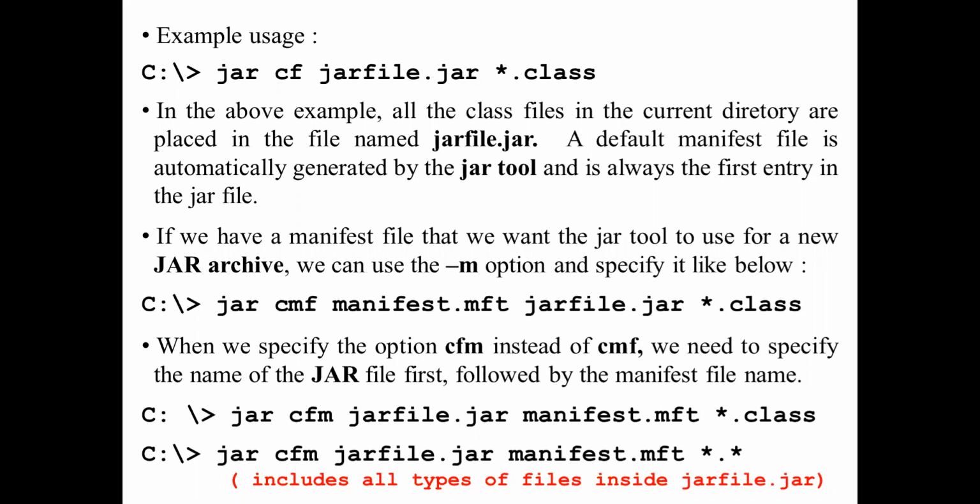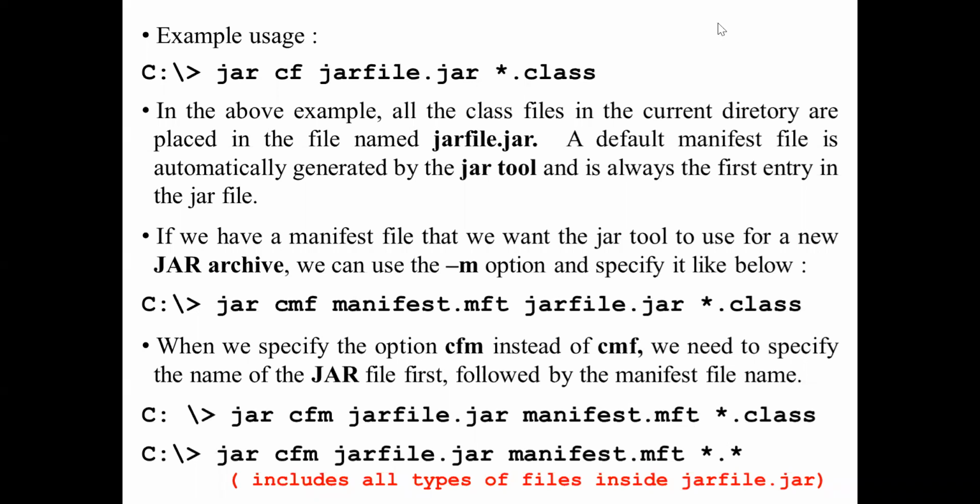There is another option we use, cmf. When you specify the option cmf, we need the specific name of the jar file first, followed by the manifest file. So how can we write it?